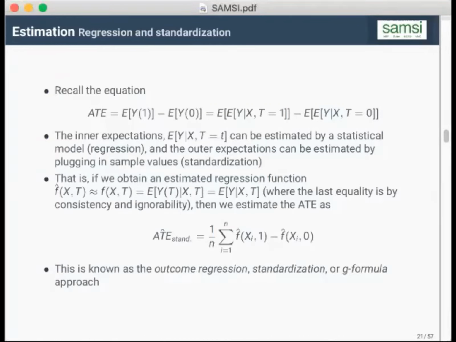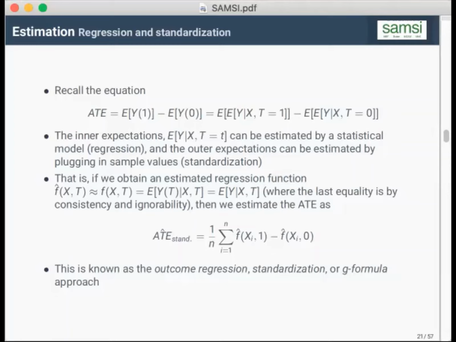So remember that the ATE, which is the contrast of expected potential outcomes or counterfactual outcomes under treatment and under control, is identified by this double expectation functional of the observed data.